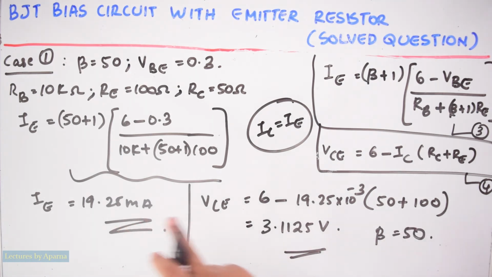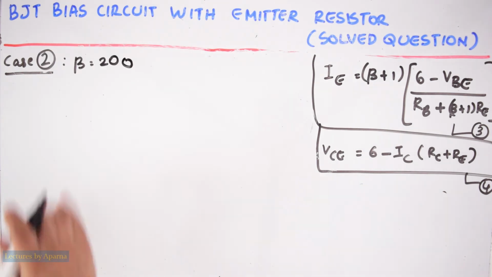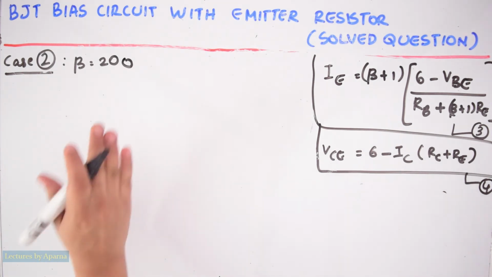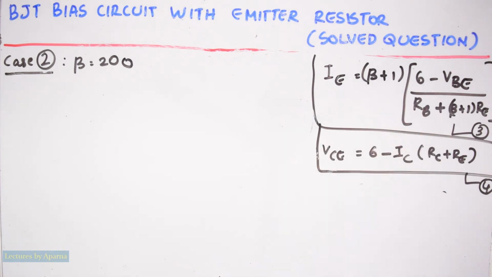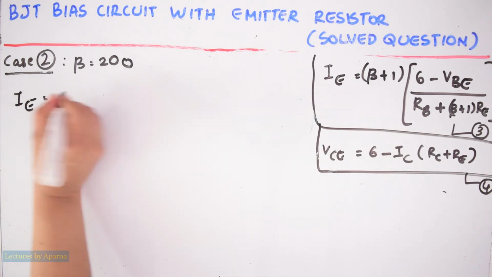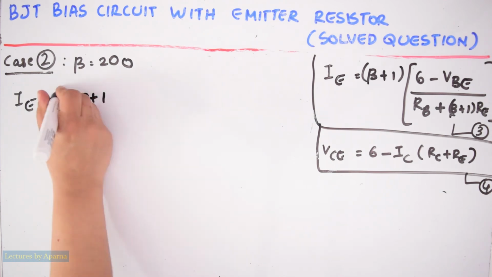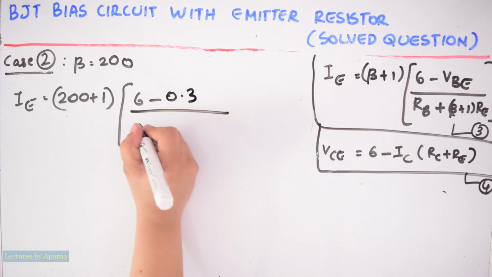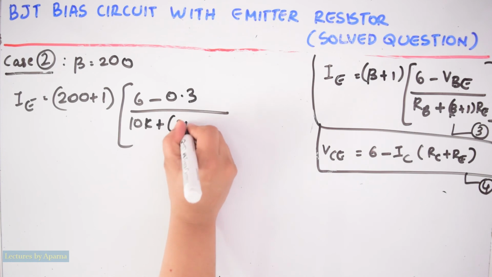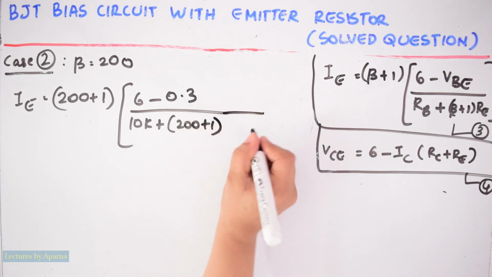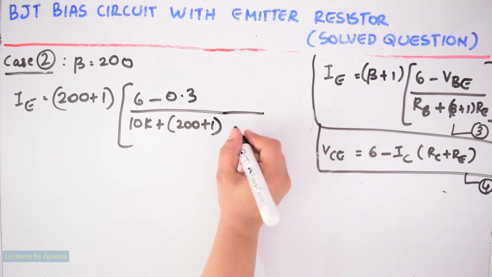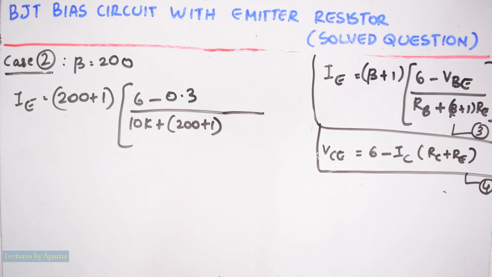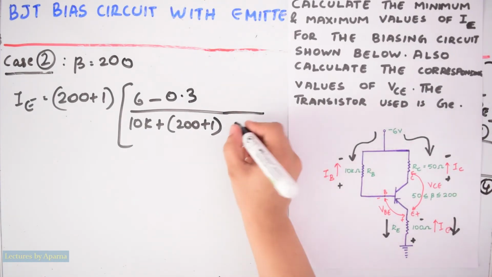So, we got IE and VCE for beta equal to 50. Now, we have to find IE and VCE for beta equal to 200. Case 2, when beta equal to 200, substitute all the values in equation 3. We get IE is equal to beta is 200 plus 1 into 6 minus VB is 0.3 divided by RB is 10K plus beta plus 1, beta is 200 plus 1 into RE, RE is 100.